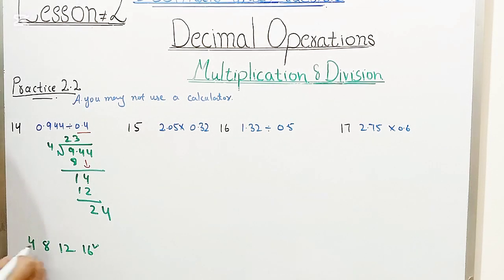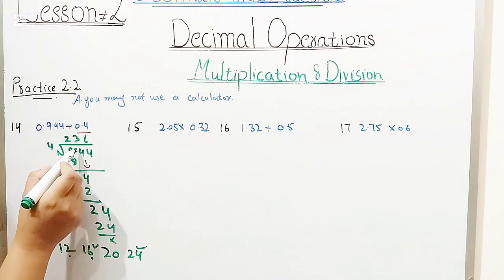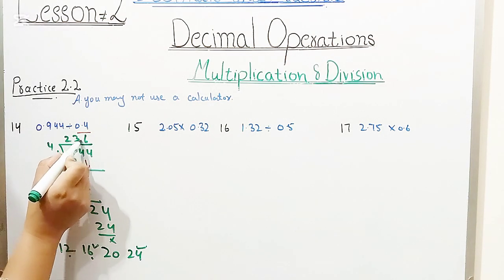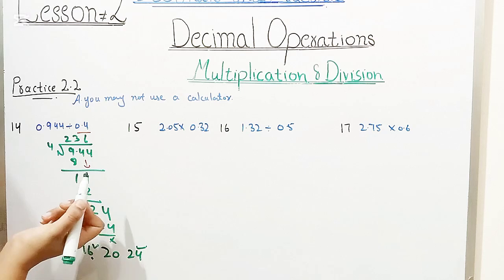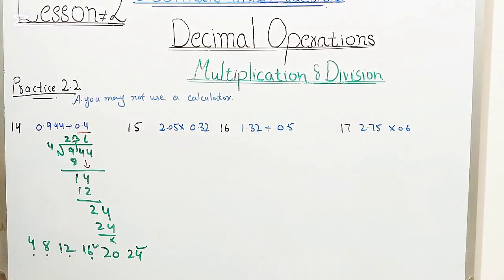Now I will repeat it. 4 1s are 4, 4 2s are 8, 4 3s are 12, 4 4s are 16, 4 5s are 20, 24, then 4 6s are 24. Okay, now the decimal point goes after the two values, and the second rule, it will shift to there. Then our final answer is 2.36.